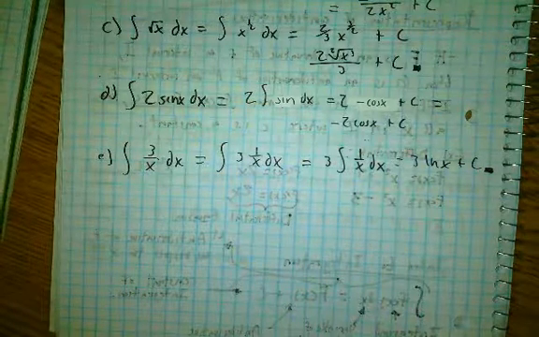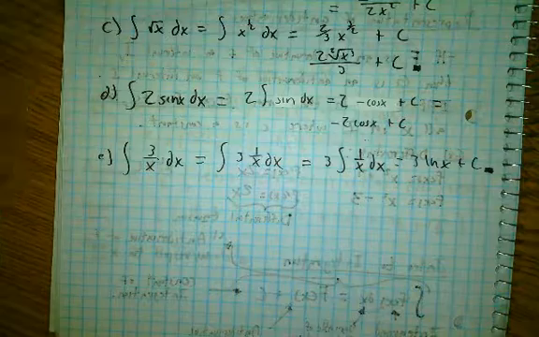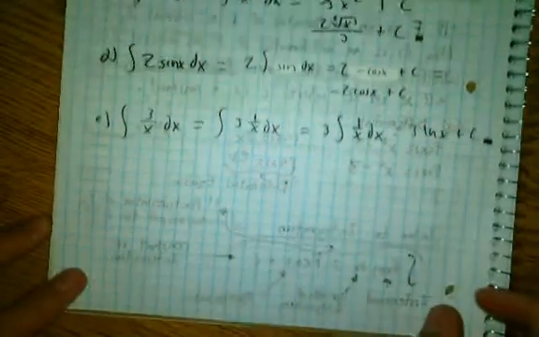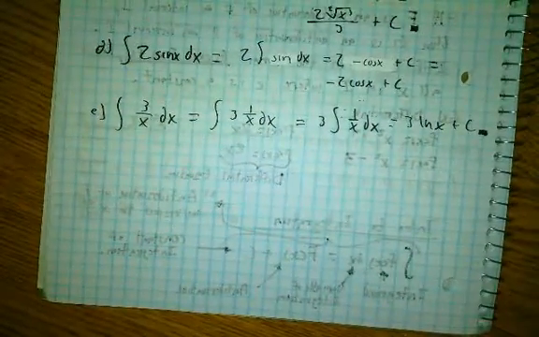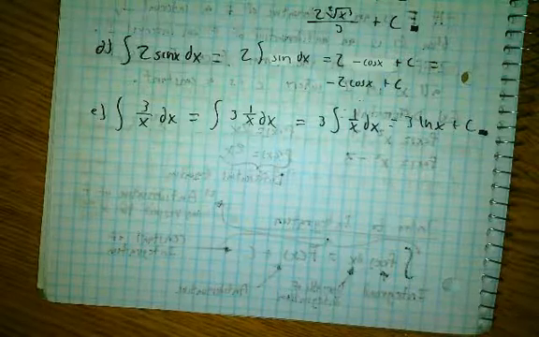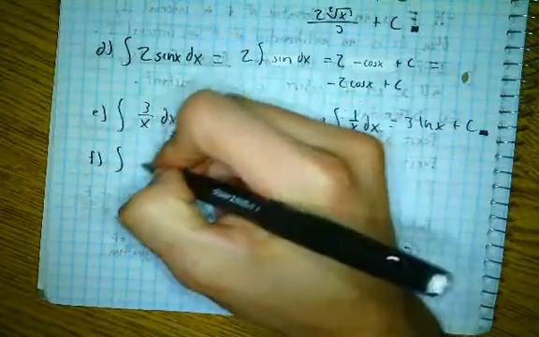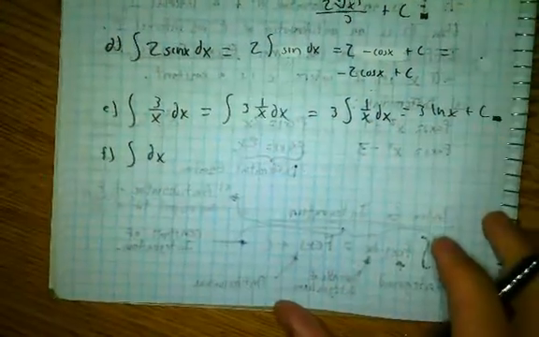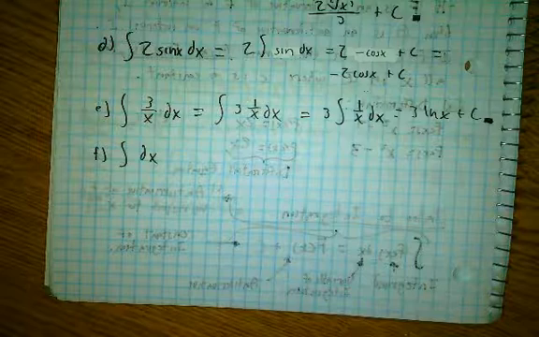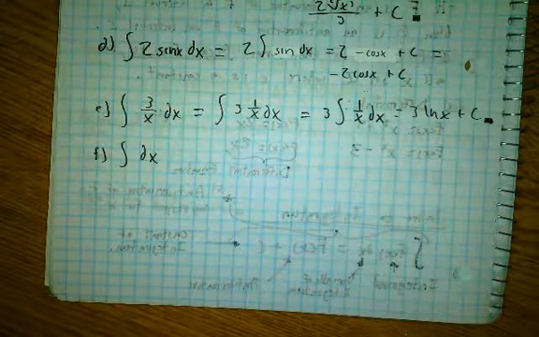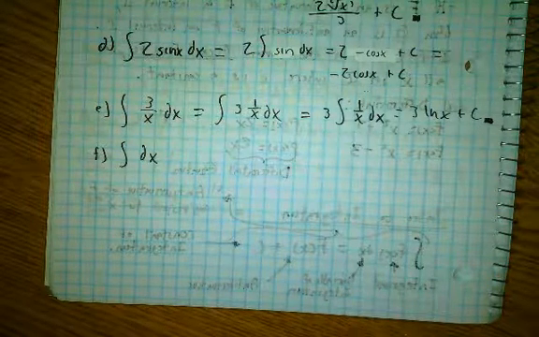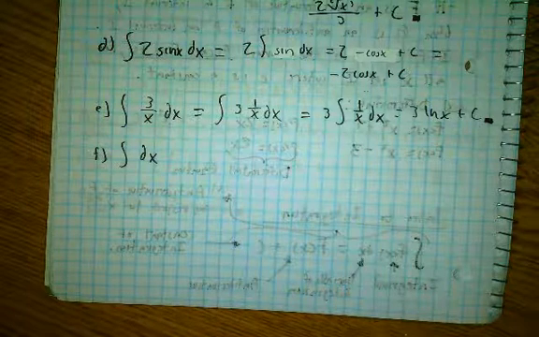Alright, so let's keep practicing. I thought those were relatively easy. What's the antiderivative of dx? Well, technically, don't we have a 1 right here? I don't have it written down, but there is.